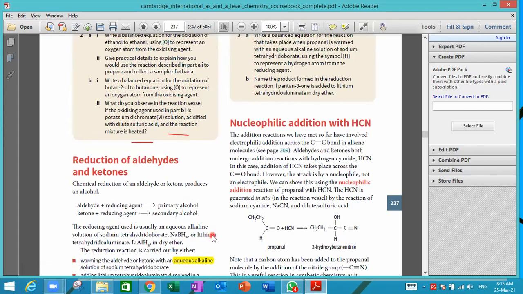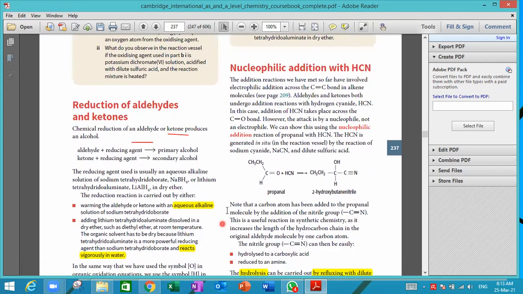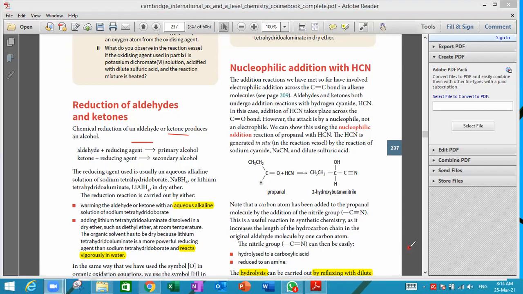Okay, now we come to a very important reaction for aldehydes and ketones, which is nucleophilic addition. Nucleophilic addition for aldehydes and ketones.